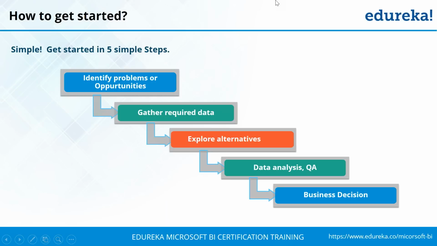What are the alternative options available to you? Try to gather those. Then analyze your data and perform a QA operation. Once you have got your data in source, analyze it. Once your analysis is complete, perform quality assurance on that. And once that is done, you can finally take your business decision.